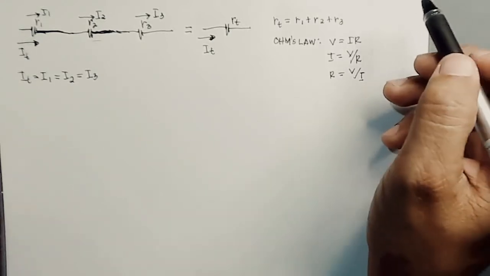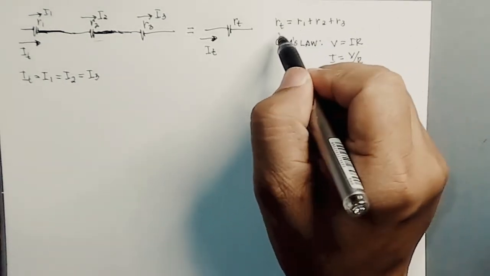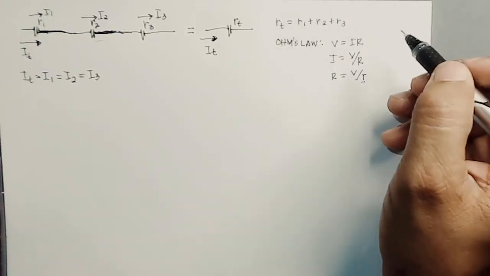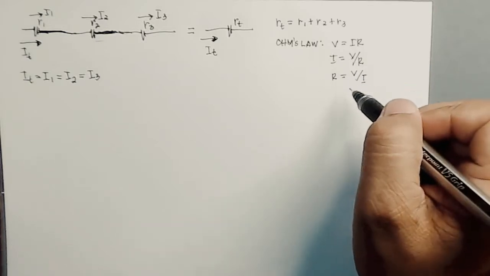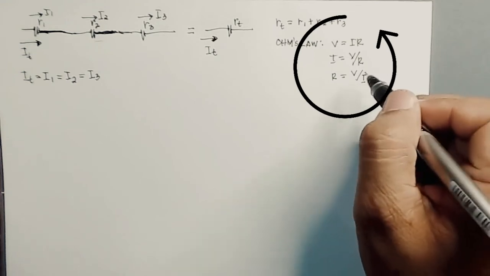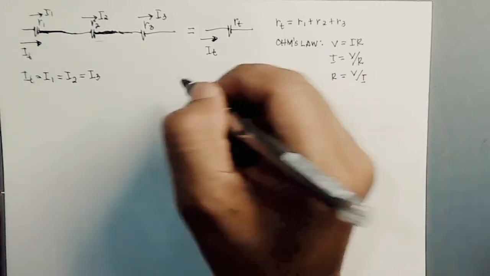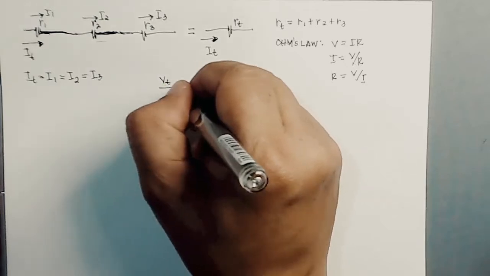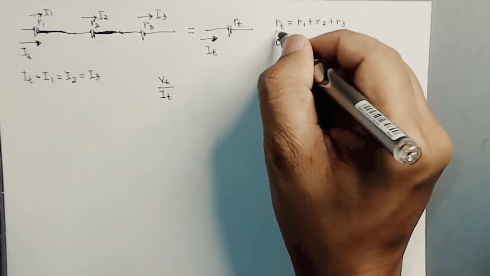So let's take for example the equation for the resistance R T. Now if we are to get the value of R T using the given values of voltage and current, it will be stated like this: V sub T over the current I sub T. So that will be your R sub T here.